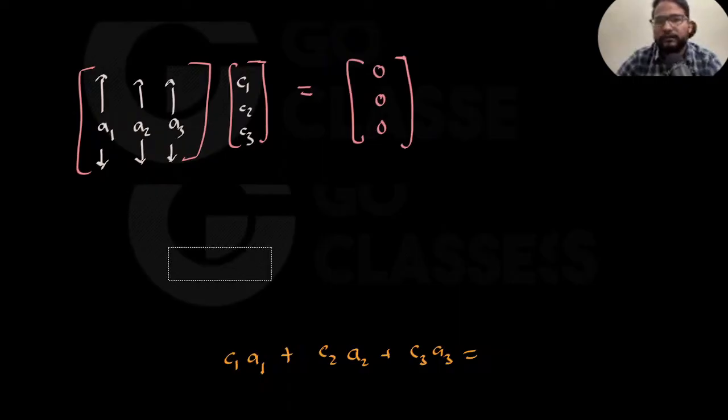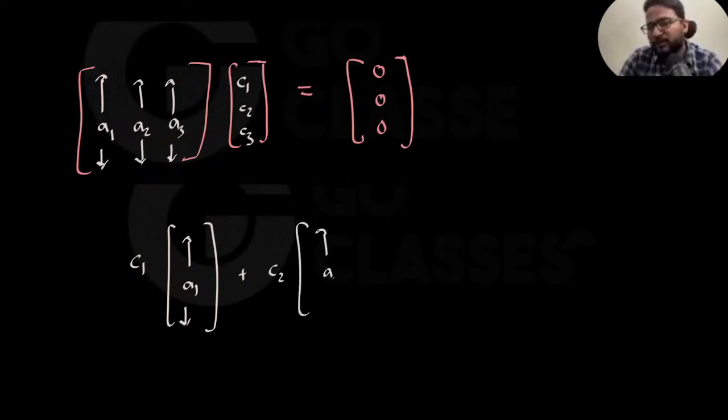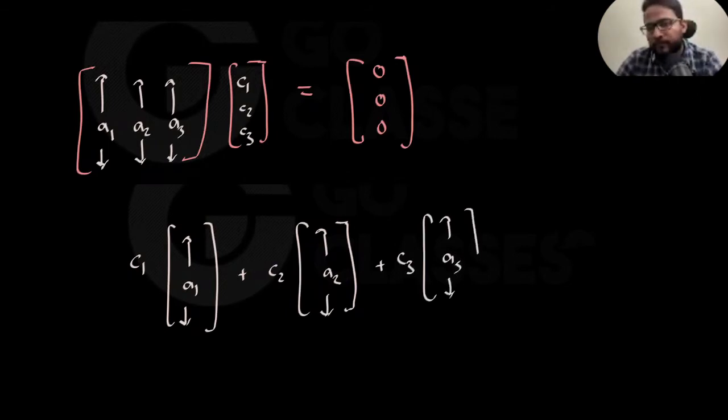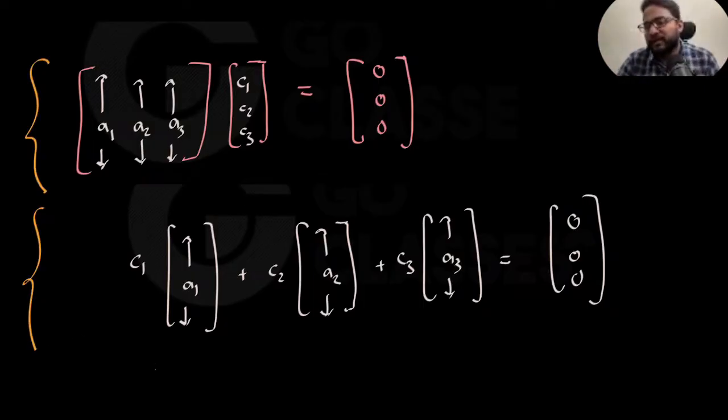This is c1 into a1, plus c2 into a2, plus c3 into a3, is equal to 0, 0, 0, because that's the way we multiply. Is this okay to everyone? This is just matrix notation, and this is the notation of linear combination. That's where both of the things are related to each other.